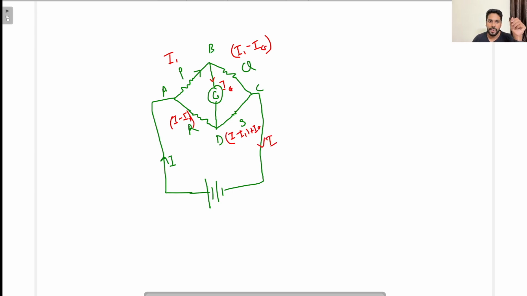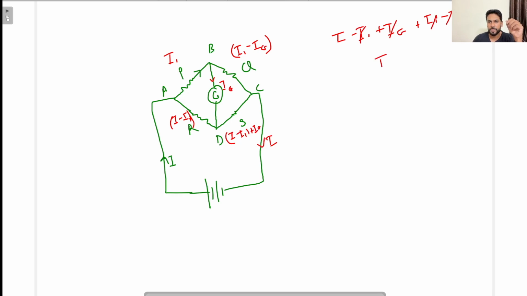You see, if you add I minus I1 plus IG plus I1 minus IG, IG gets cancelled, I1 gets cancelled.